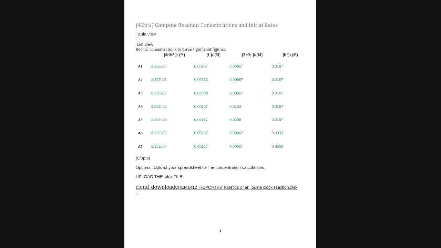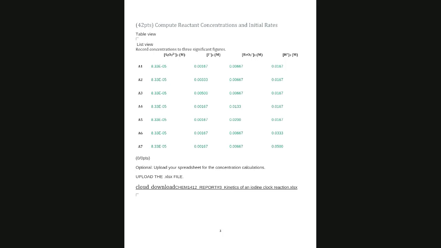Because this is in green, these are calculations that you will need to perform. This is the first, and see how many. This is a lot. So what is the first table that you need to calculate? Basically, they are saying to record concentration to 3 significant figures.